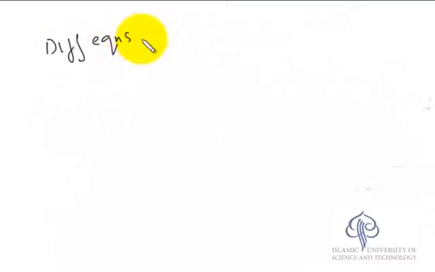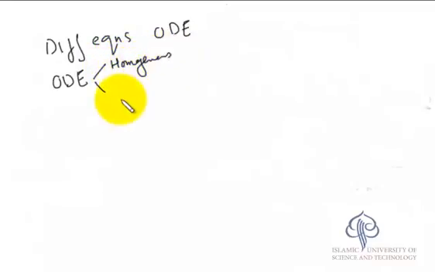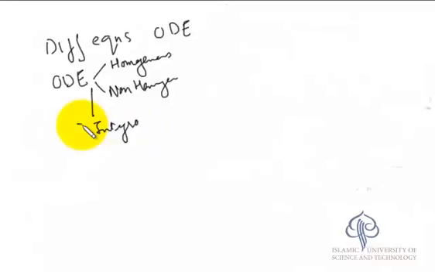They are ordinary differential equations, which can be solved very easily using the concepts that we have learned in mathematics. So we saw how to solve homogeneous ordinary differential equations, non-homogeneous ordinary differential equations, integral differential equations, and also simultaneous ODEs.